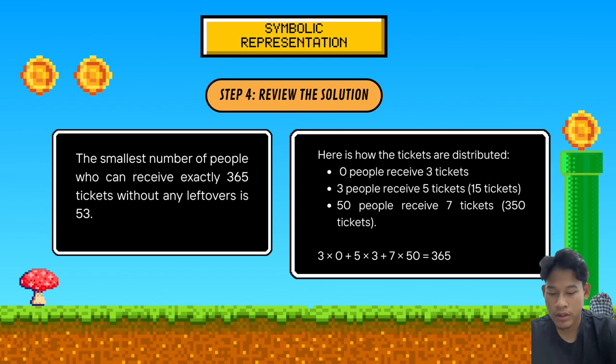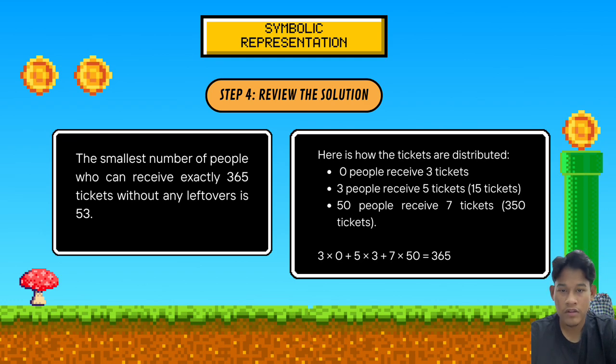We know that the smallest number of people who can receive exactly 365 tickets without any leftovers is 53. Here is how the tickets are distributed. 0 people receive 3 tickets, which is there are no people that receive 3 tickets. 3 people receive 5 tickets, which is equal to 15 tickets.